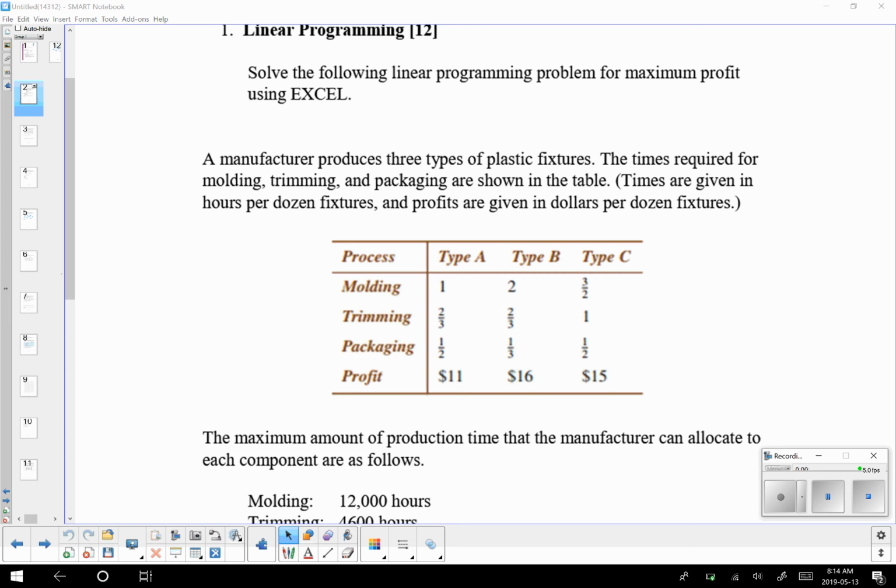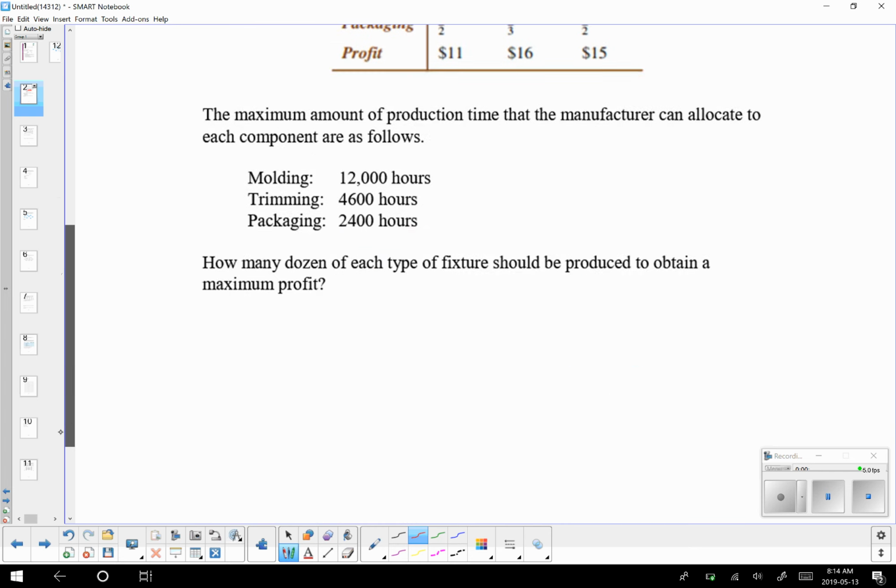So we basically have three types of fixed plastic fixtures that we're using. And so you can see here type A, type B, type C. Let's just write them down.